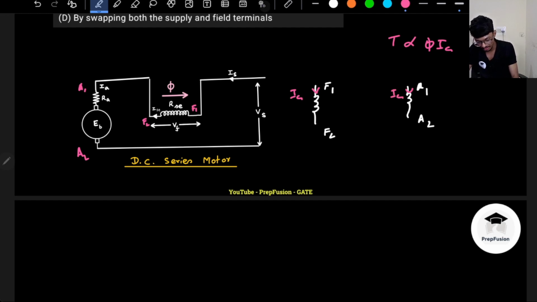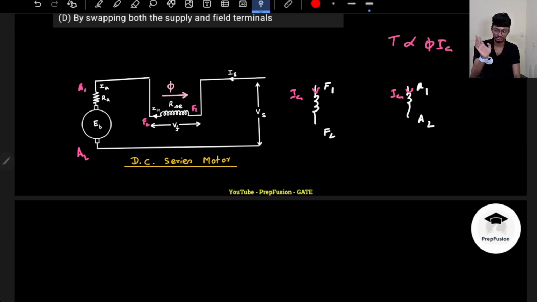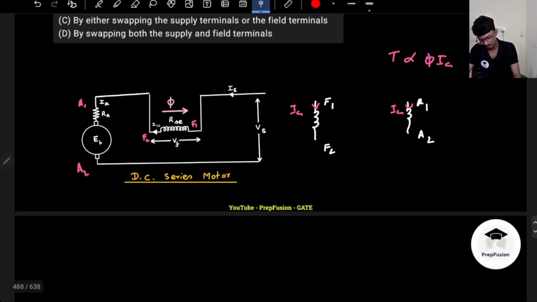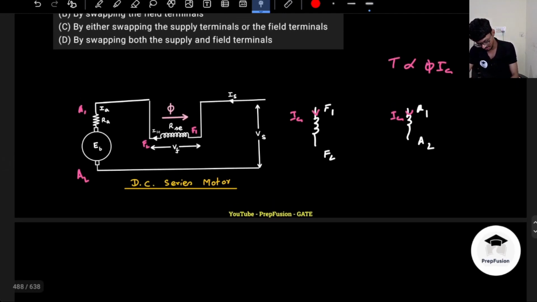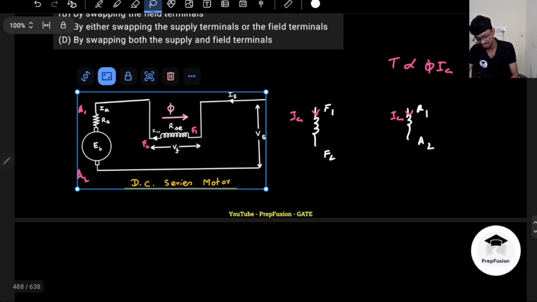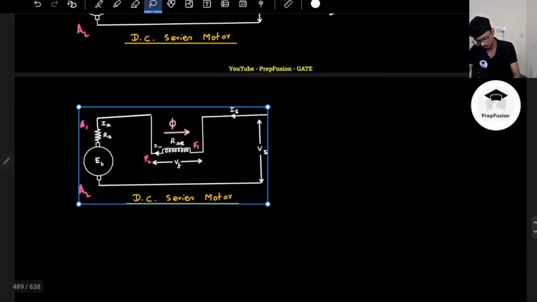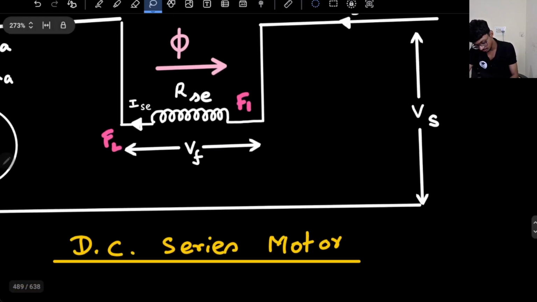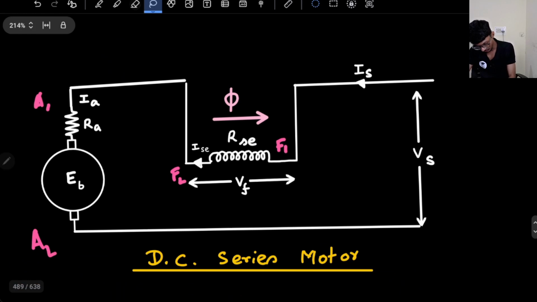So what we can do, either we can change the direction of flux or change the direction of current, but not both at the same time, right? So we can change the connections of the series field. We can connect the F1 to A1 now.